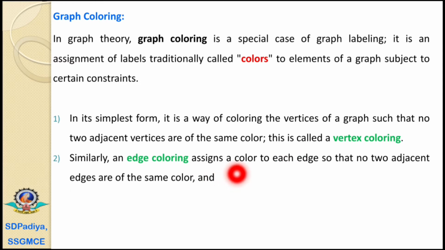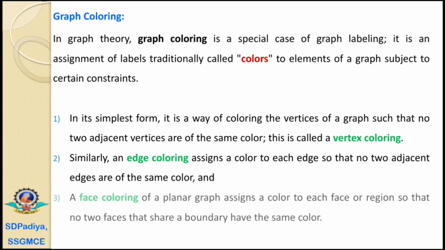Means all the adjacent edges should be of different colors. Third, a face coloring of a planar graph assigns a color to each face or region so that no two faces that share a boundary have the same color. Means the regions of a graph which share a boundary, that is which share an edge, should not be of the same color.